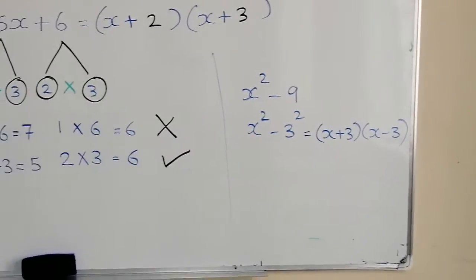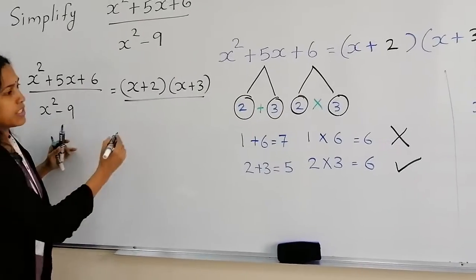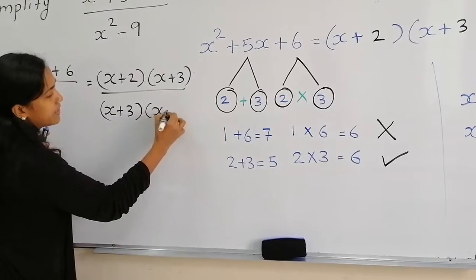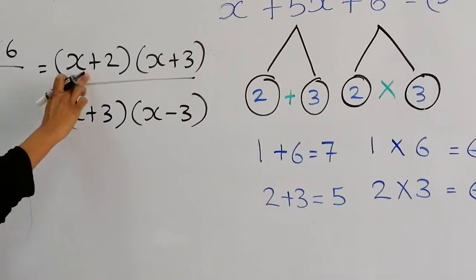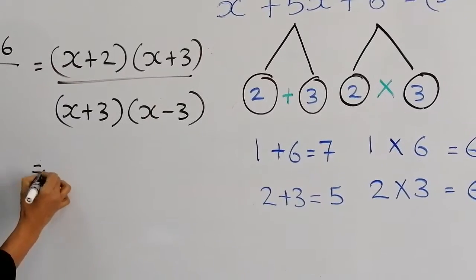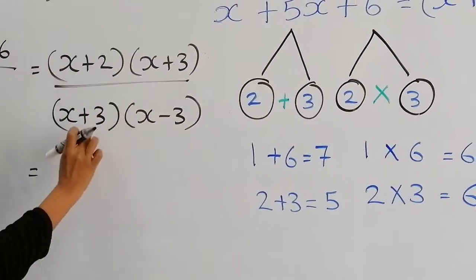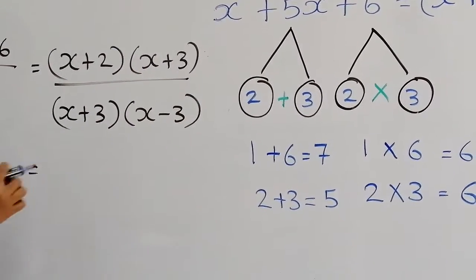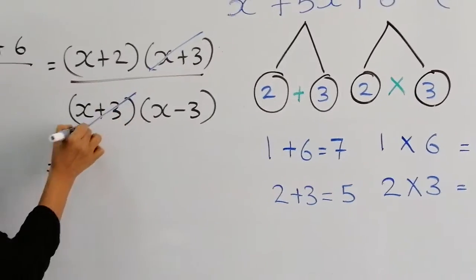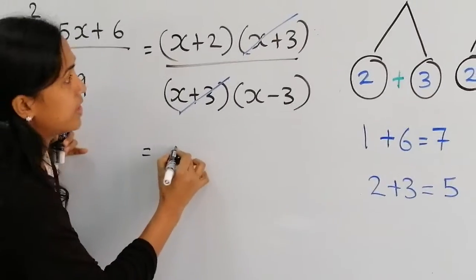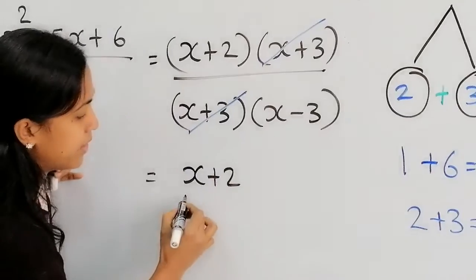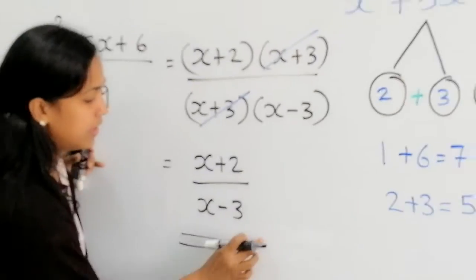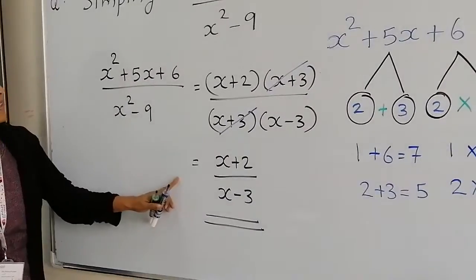So x squared minus 9 is equal to x plus 3 times x minus 3. Now look at the numerator and denominator. We can find the common factor x plus 3 and x plus 3. So let's cancel this. We get x plus 2 as numerator and x minus 3 as the denominator. This is our answer. This is the simplified expression.